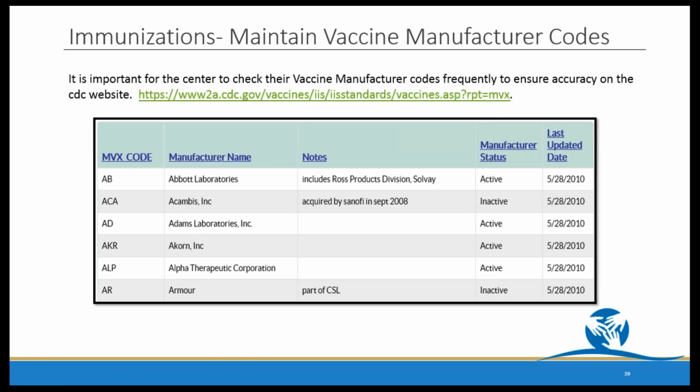Same thing for your manufacturer codes. This link will take you directly to this listing. This is what your code is, what the manufacturer is, if it's active, and the last time it was inactive.